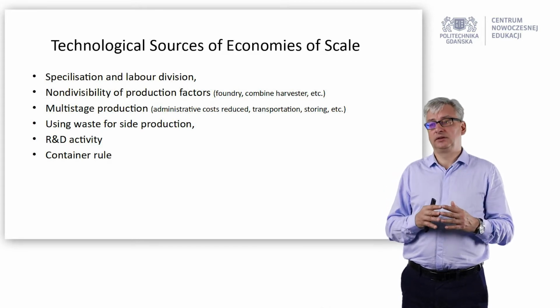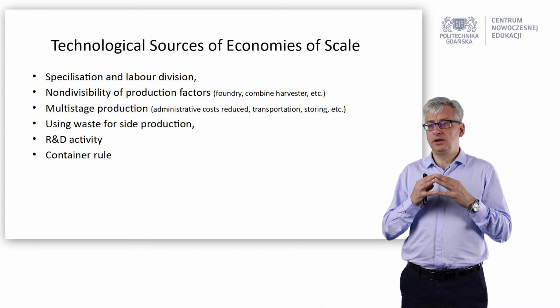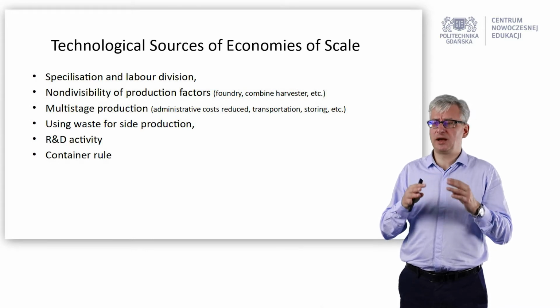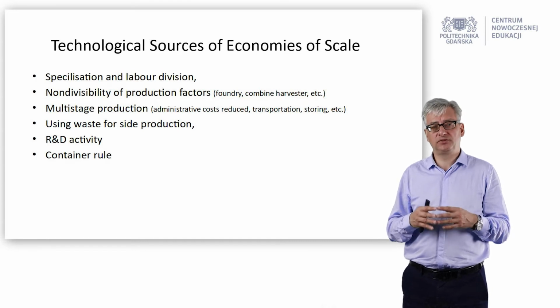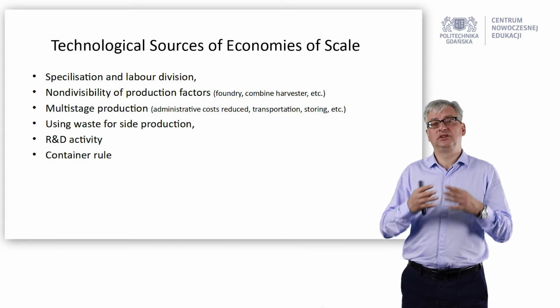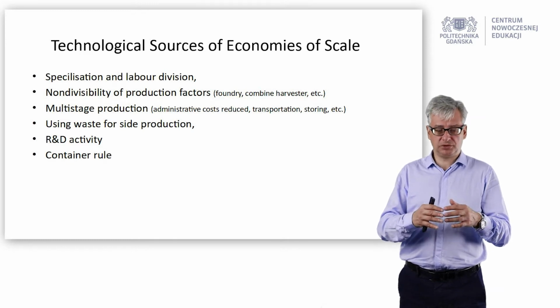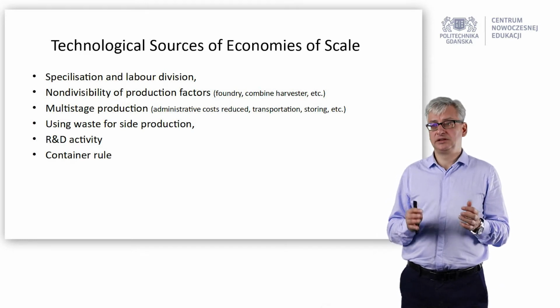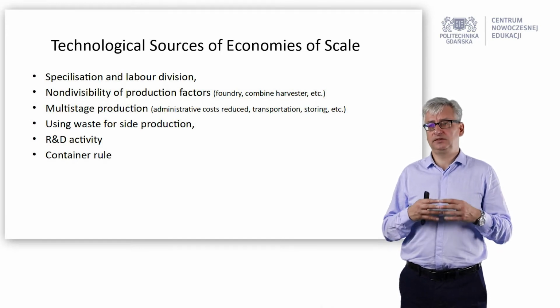The second thing stemming from technological sources of economies of scale is the characteristics of some production factors. Some of them are non-divisible, meaning they come in such big portions that actually using them for a small scale is inefficient.